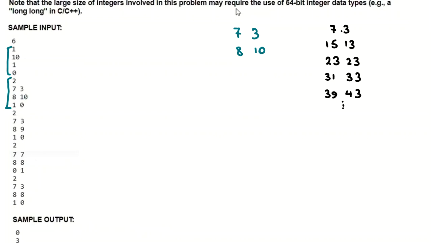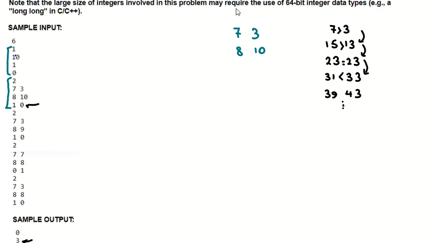So if we check, 7 is greater than 3, 15 is greater than 13, 23 is greater than or equal to 23. The first time this one is smaller than this one is this case. So after how many steps? 1 step, 2 steps, 3 steps. We reach this, and this 3 is because of this point. Okay. So by this line, we can understand which one is greater.